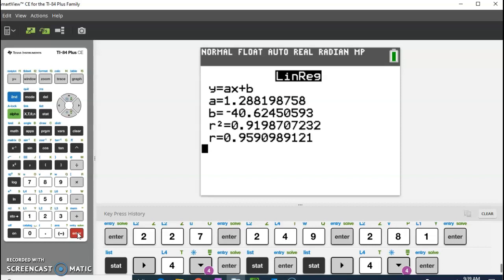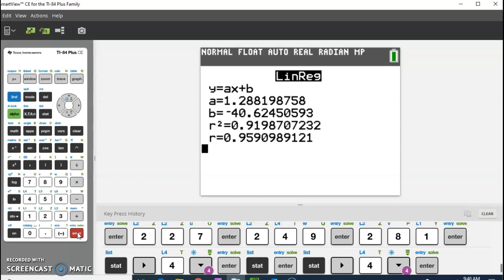For the linear regression model though, even though it doesn't ask for it, I'm also going to put the R, or correlation coefficient, which would be 0.96. That correlation coefficient, well, we're going to talk about the difference between the R, which is the correlation coefficient, and the R-squared, why I'm going to write down both in just a second.